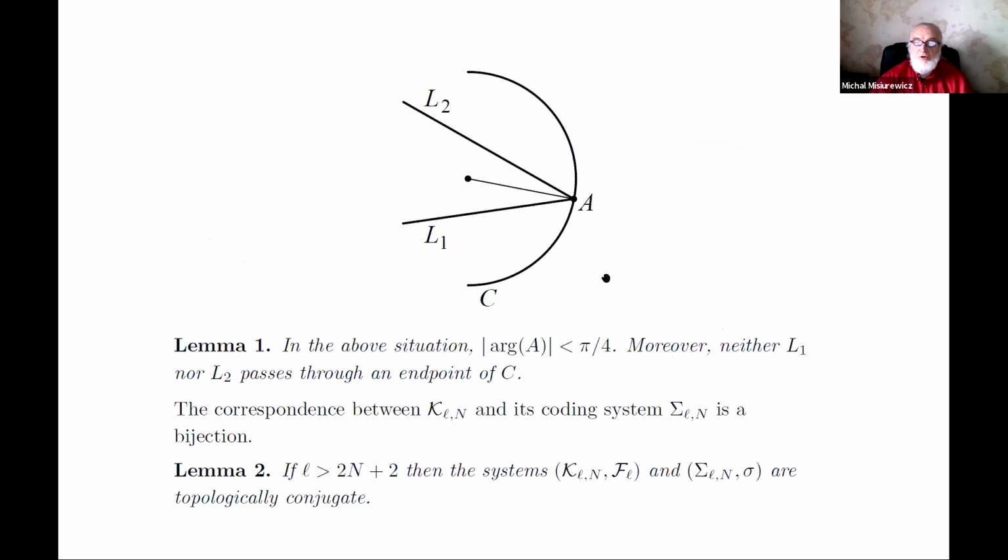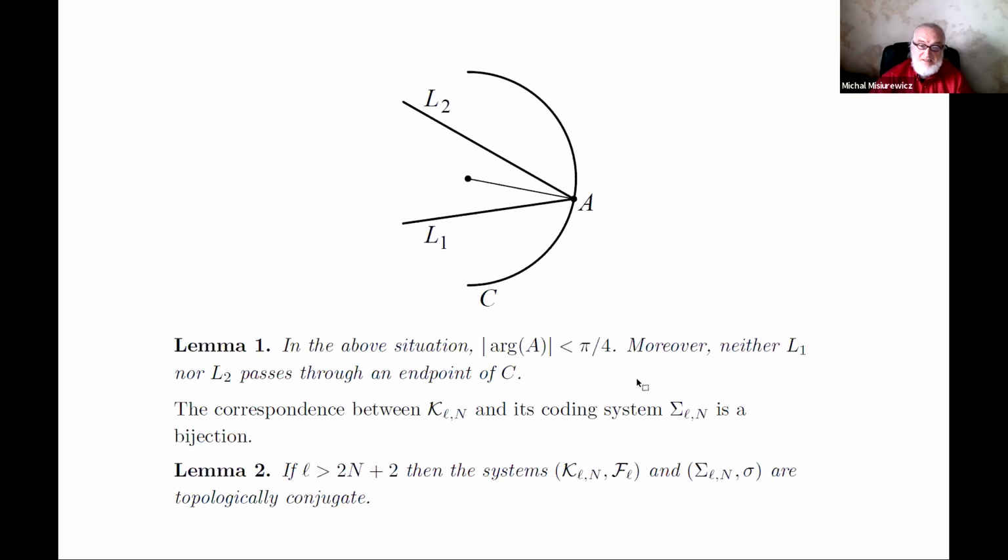Because if you go too low or too high, then one of those lines, L1 or L2, would intersect the semicircle in the second point, and we assume that this doesn't happen. So we have the correspondence between the space KLN and this symbolic system sigma Ln, which is a bijection.